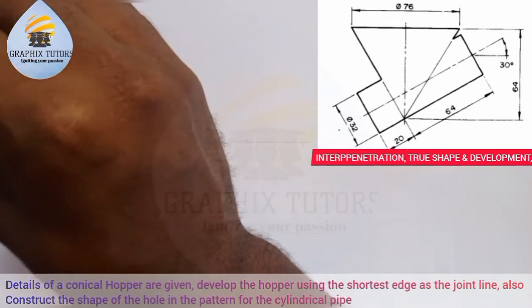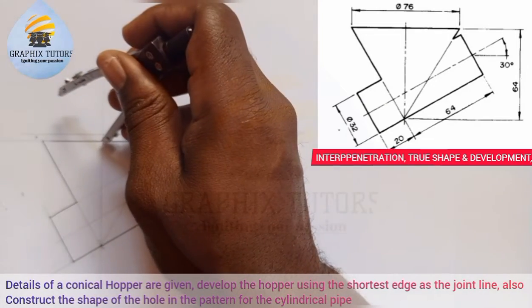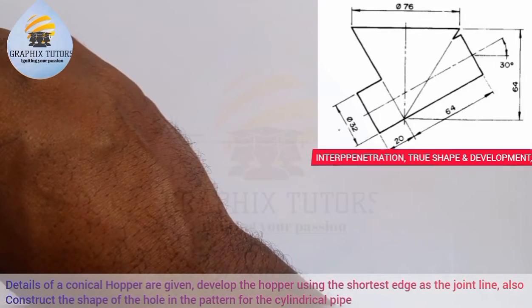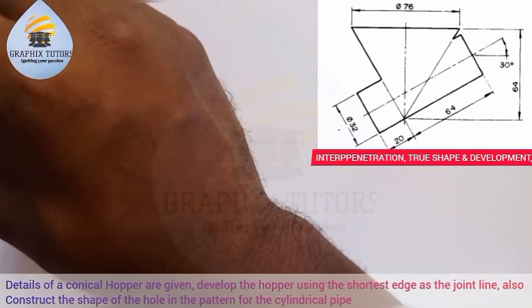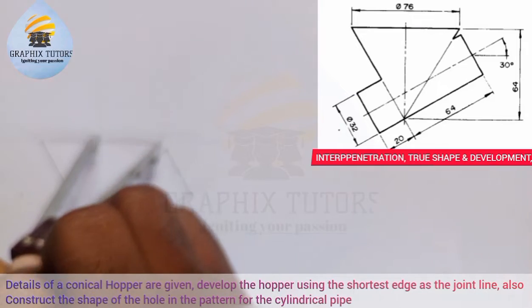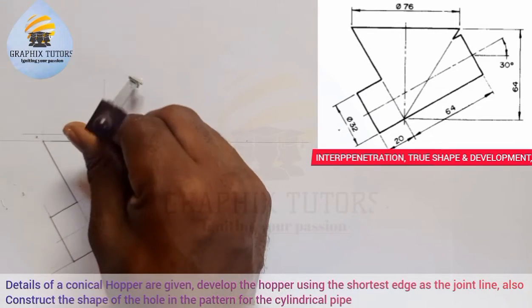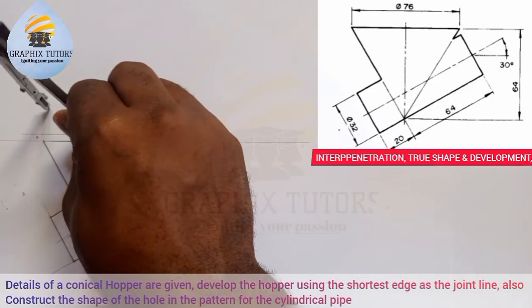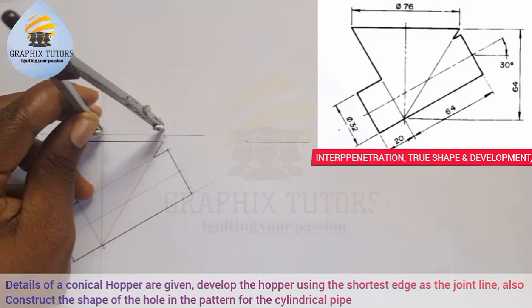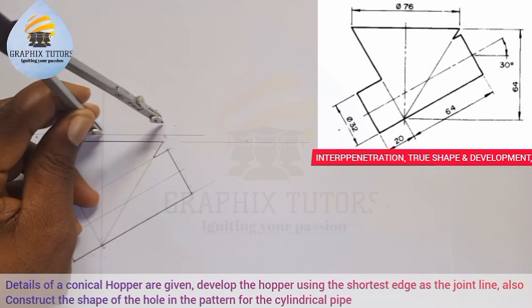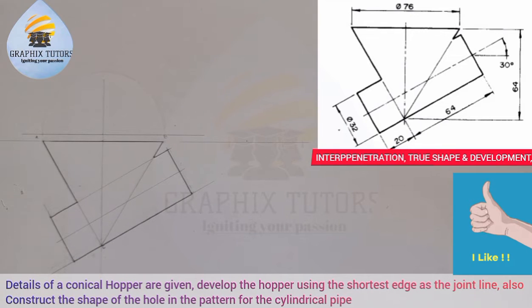I'm going to draw a semicircle from here to this point, place it here, then a semicircle. Can you see that? A semicircle. Should be a faint line.